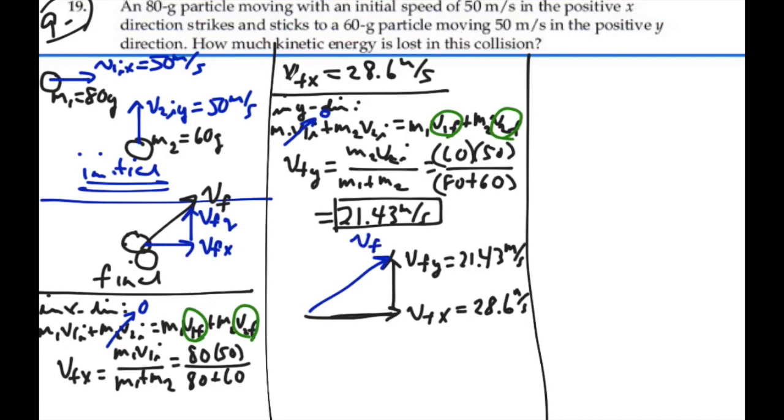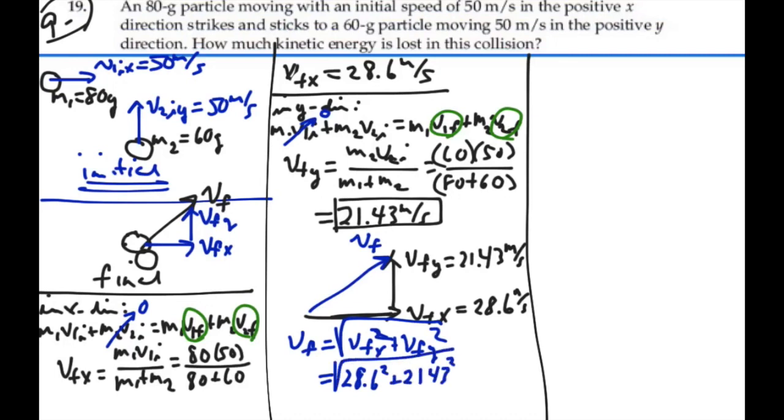So v final actually is going to be equal to the square root of v final x squared plus v final y squared, and that's going to be equal to the square root of 28.6 squared plus 21.43 squared, and that is 35.7 meters per second. That's the final velocity of the combined mass.